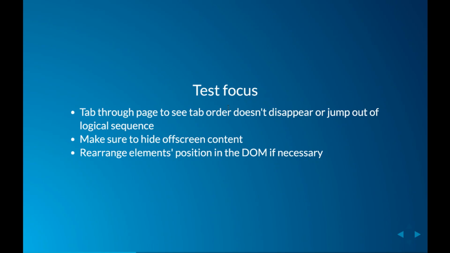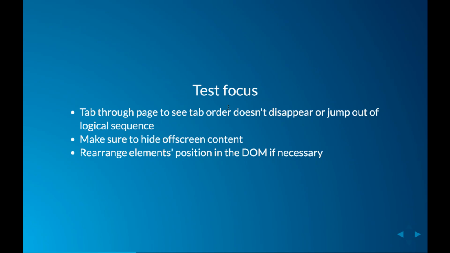So how do you test focus? Focus is probably the most basic thing that we need to do to support keyboard users, right? The first thing is pretty simple, and everyone can do it: tab through the page and see if the tab order is natural, or if it jumps around on the page. If you see a focus ring suddenly disappear, you may have set focus to an element that is out of the screen.